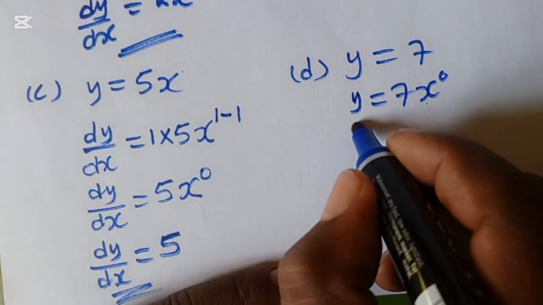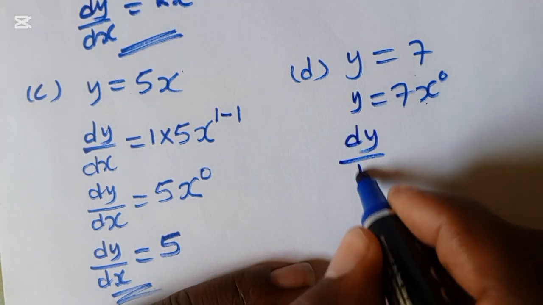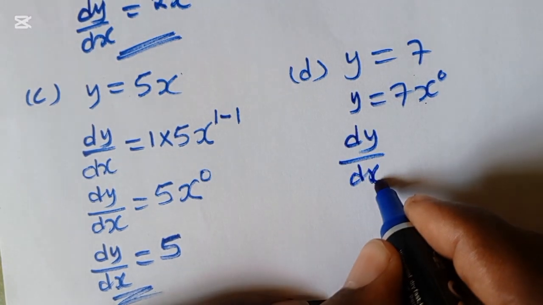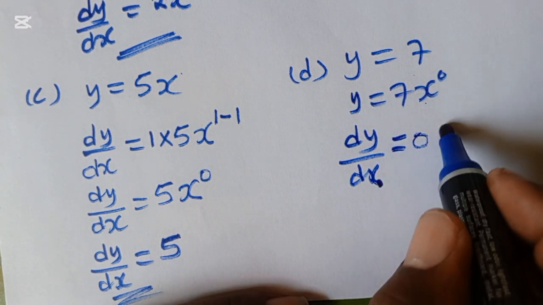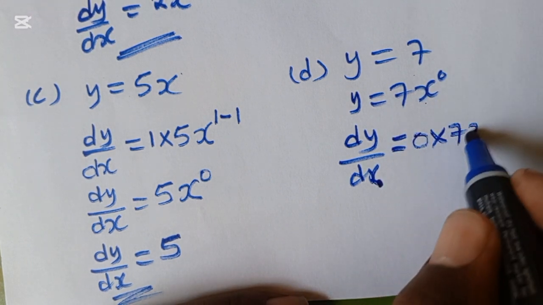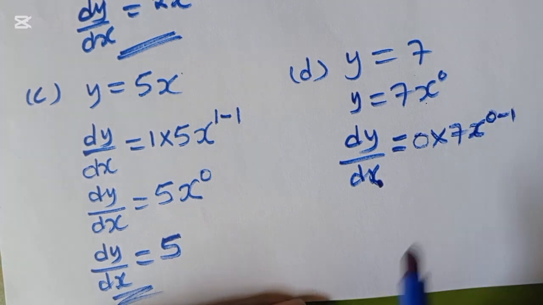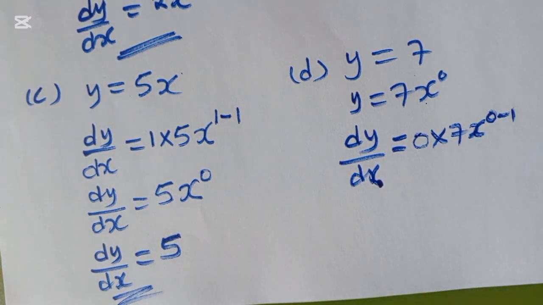So I'll say dy/dx is equal to 0 times 7x to the power 0 minus 1. So 0 times anything is 0.